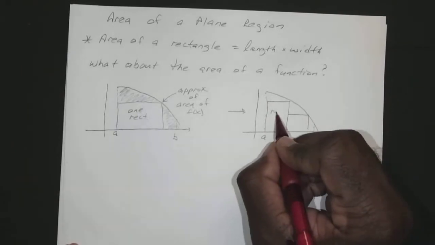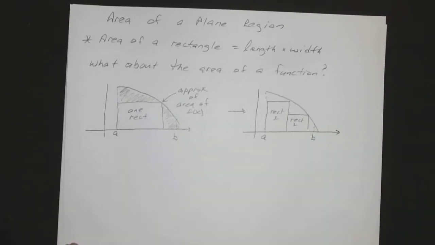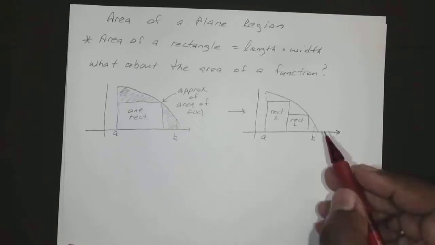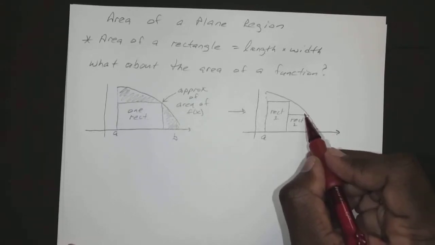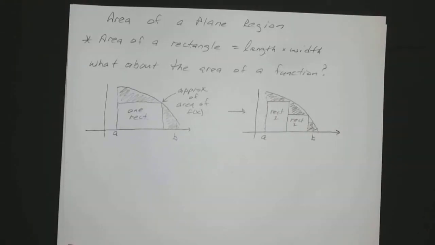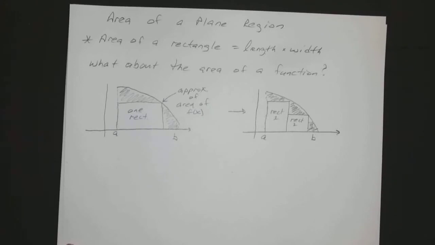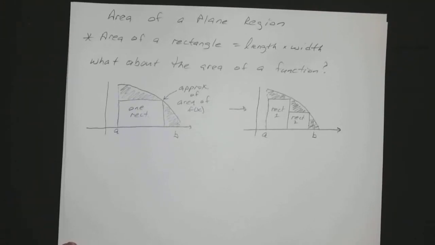This is our 1st rectangle and our 2nd rectangle, which is still not great because you still have empty space you haven't accounted for, but it's less empty space than you had over here.